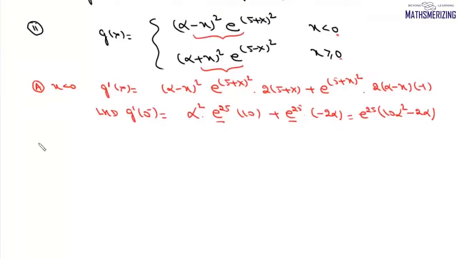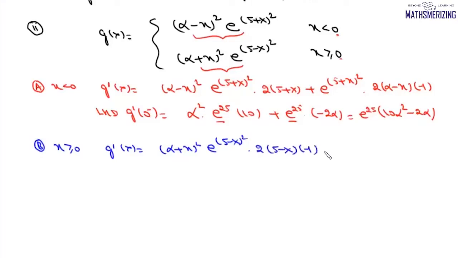Now we'll find derivative of this function when x is greater than or equal to 0. In that case, g dash x will be (alpha + x)^2 e^(5 - x^2) into 2 into (5 - x) into minus 1, plus e^(5 - x^2) into 2(alpha + x).